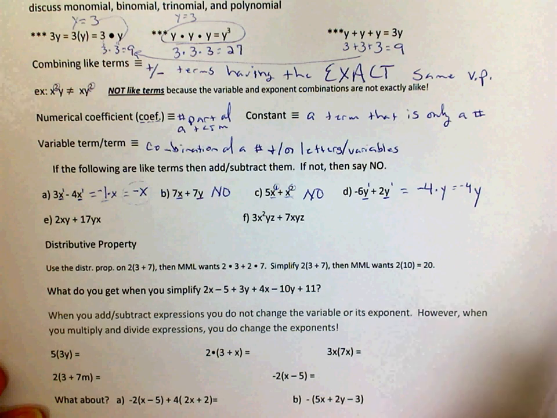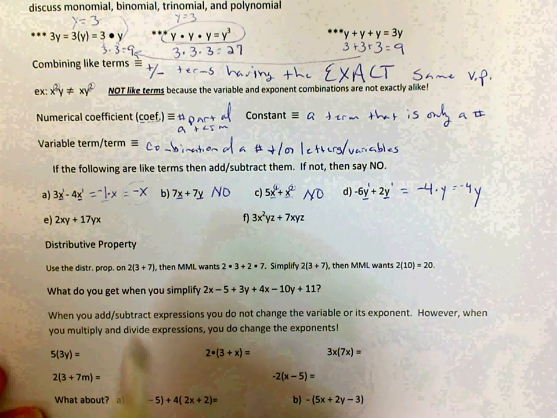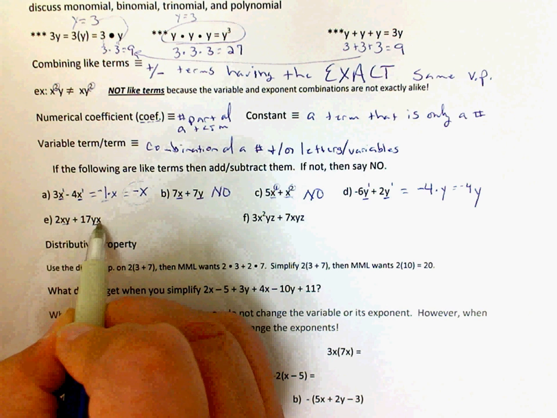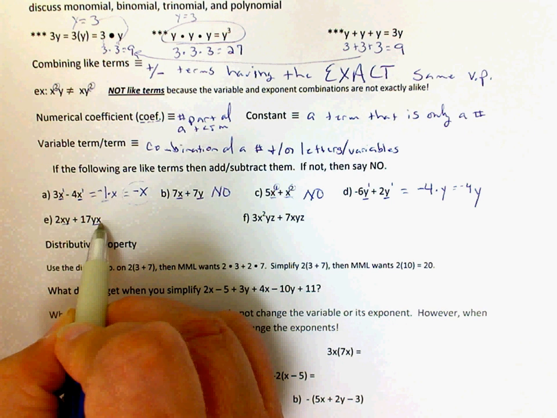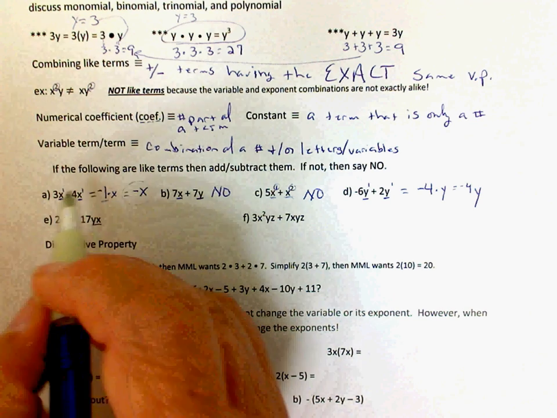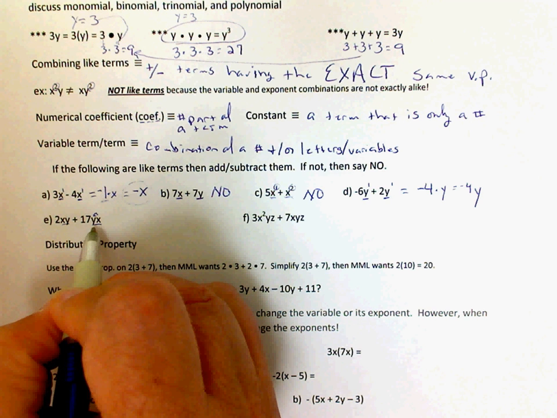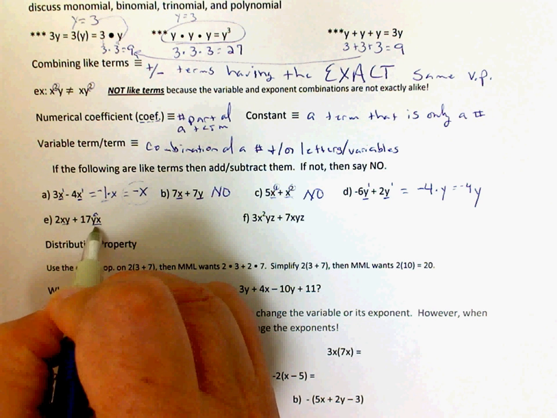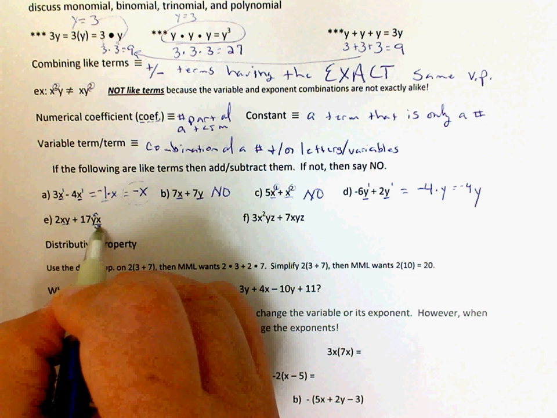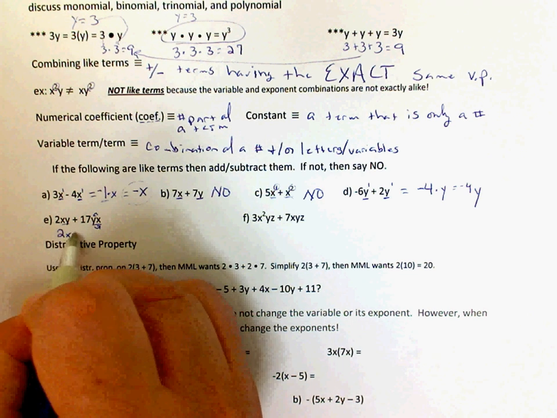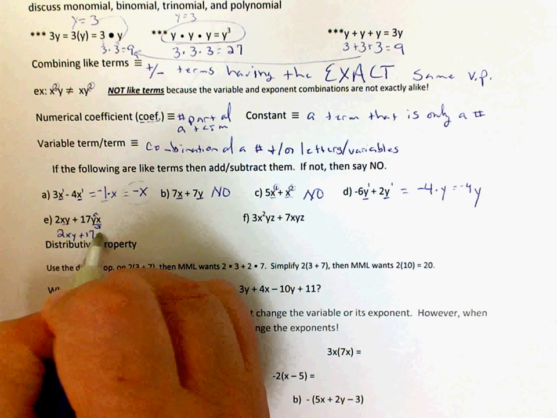Now, the ugly one is this next one. xy, yx. Well, guess what? 2 times 3 is the same thing as 3 times 2. So x times y and y times x, I can just switch the order of those, and they are the same. So 2xy plus 17xy.